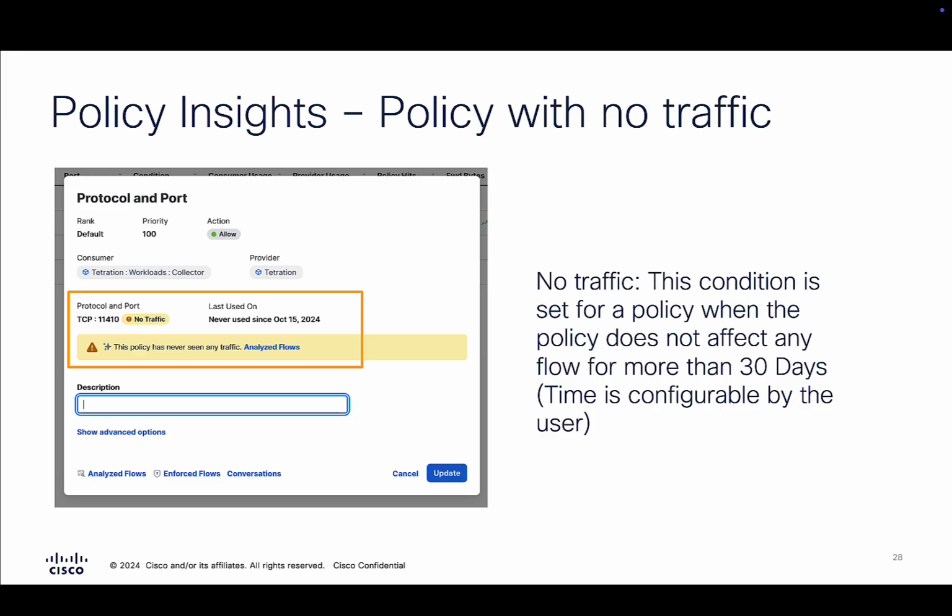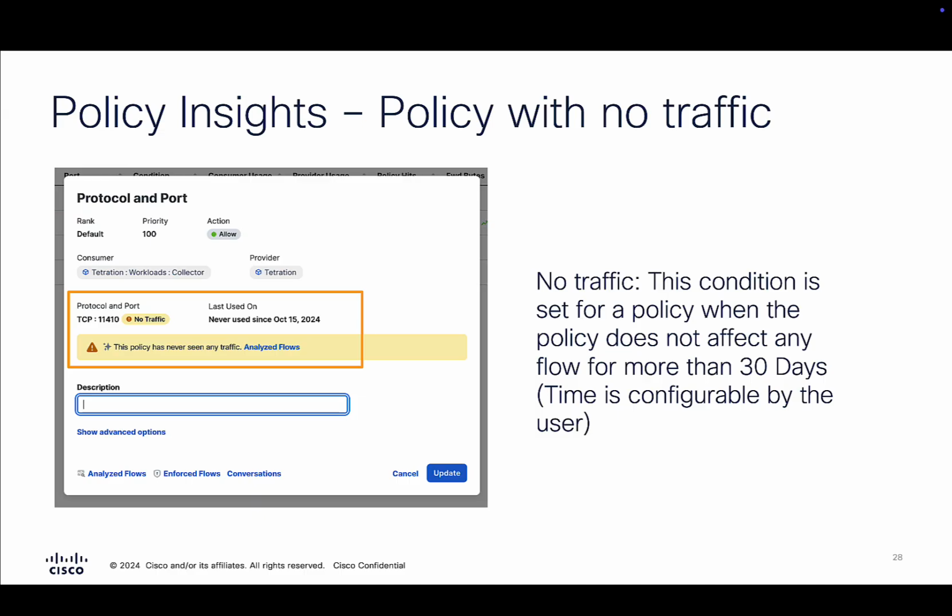Some of the examples are, if there is no traffic matching or hitting a specific policy, the AI engine will continue analyzing that in the backend, and over time will notify you that you have a policy which hasn't had any hit for the last 30 days. May be normal, may not be normal, but you may want to look at it and clean up or update your policy over time.